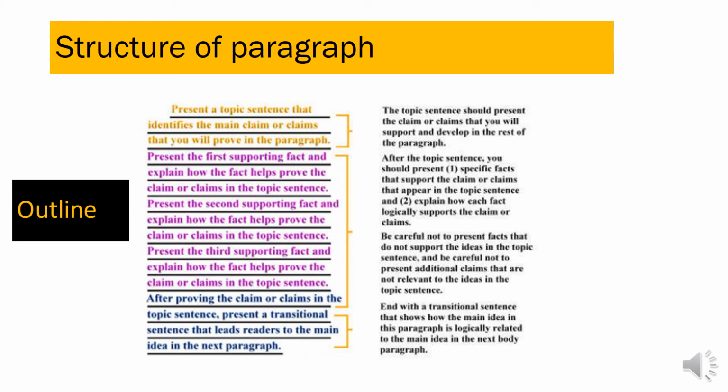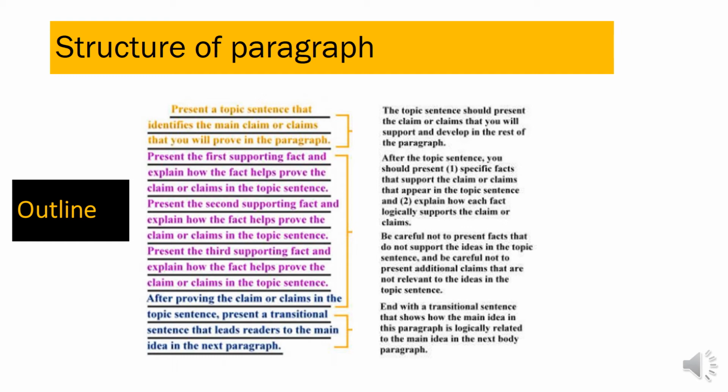After a topic sentence, you should present first specific facts that support the claim that appears in the topic sentence. And second, explain how each fact logically supports the claim. Okay, after that, present the second supporting fact and explain how the fact helps prove the claim in the topic sentence.